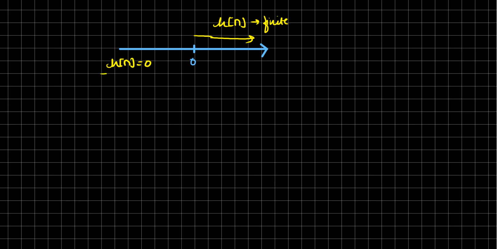If we analyze this using a number line, let us consider this n axis where this point is 0. Therefore, the value of impulse response h of n will be finite for the value of n greater than or equal to 0, and h of n will be equal to 0 for the values of n which are less than 0. Now from this we can observe that for a causal system the impulse response must be right hand sided.